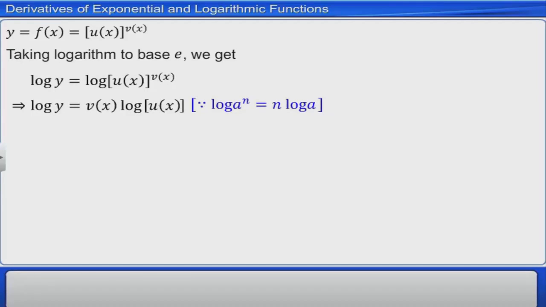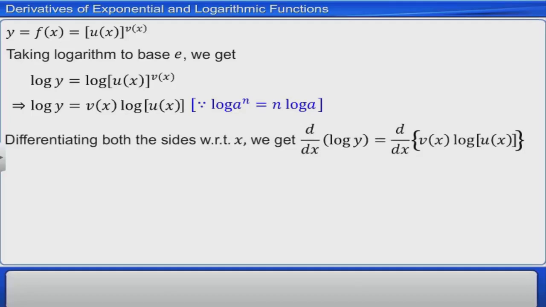Now, the right-hand side obtained is the product of two functions, which can be solved easily by applying the product rule. On differentiating both the sides, we get d by dx of log y is equal to d by dx of v of x into log u of x.